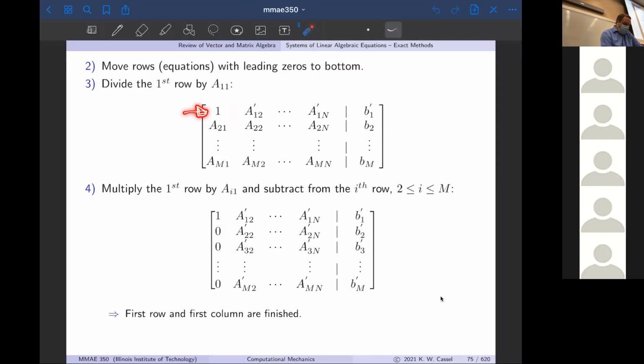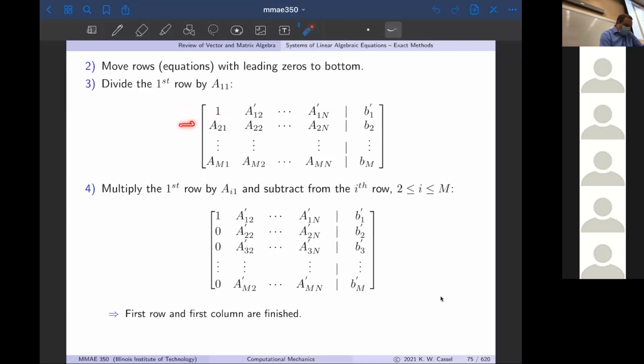Makes me happy. Okay, now what I want to do is zero out all of the elements below that leading 1. So to do that, I will use the first equation and do some multiplication, addition, or subtraction to make this A21 be 0. Here's how it works.